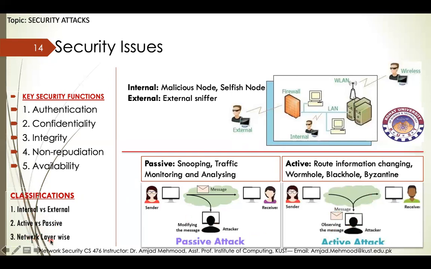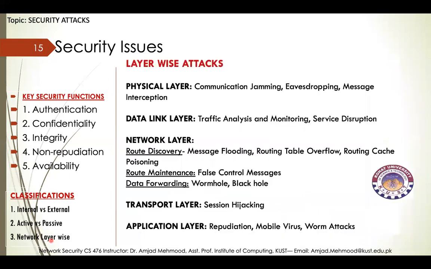So, network layer wise attacks. Here you can see the different kinds of attacks which are distributed according to OSI layers. You can see physical layer, data link layer, and network layer. I have also given you the concept of these in my previous lecture.